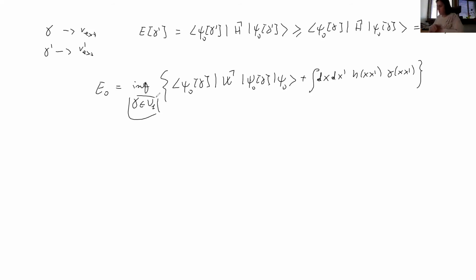So how do we solve this problem? Well, in practice, also here, we extend the domain of applicability of our energy functional, and we minimize over the set of so-called ensemble V representable densities. I'll come back to this in a moment.